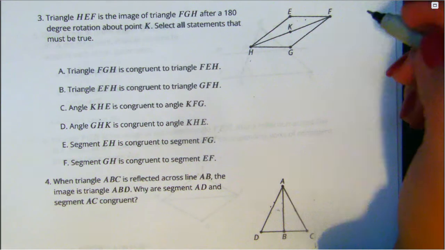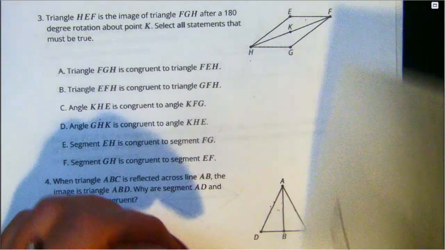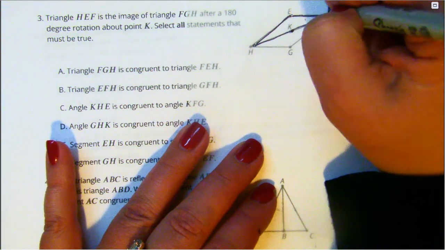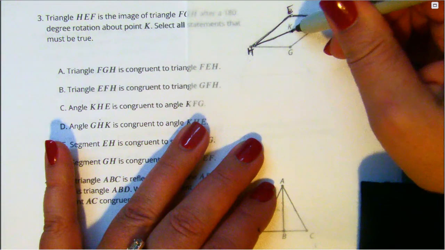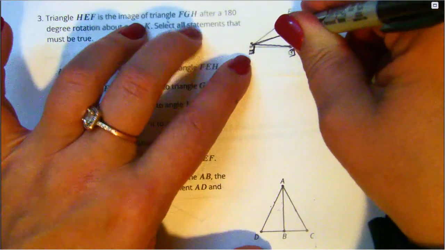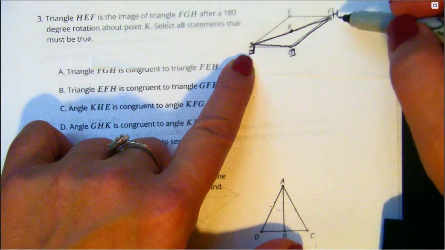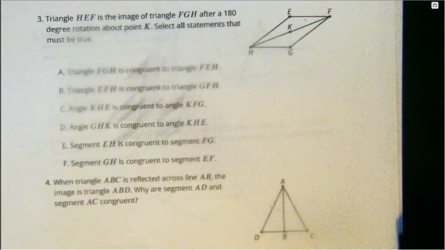Let's see, did they say it in the right order? Gotta look at these points. FEH. F goes to H. So that is incorrect.